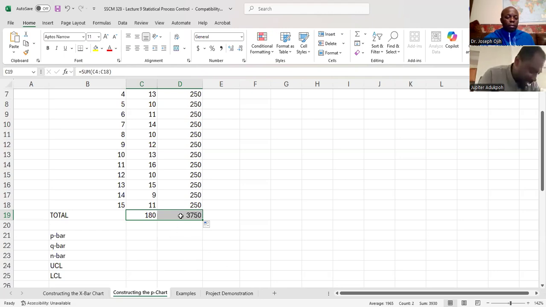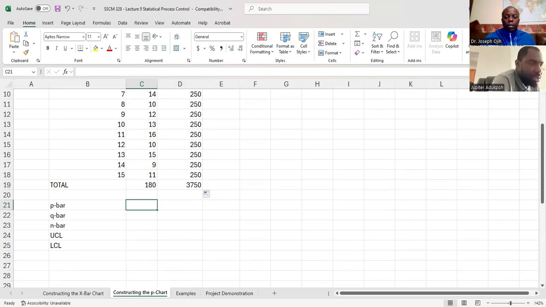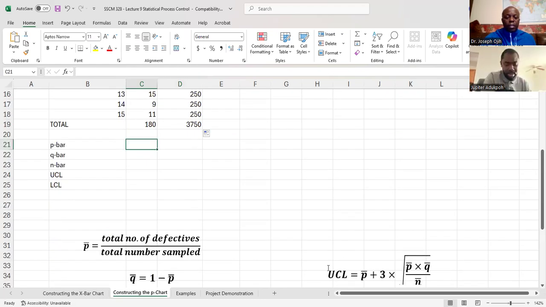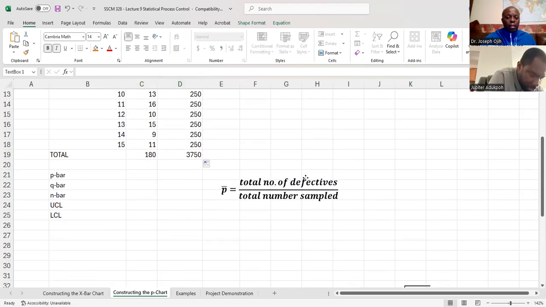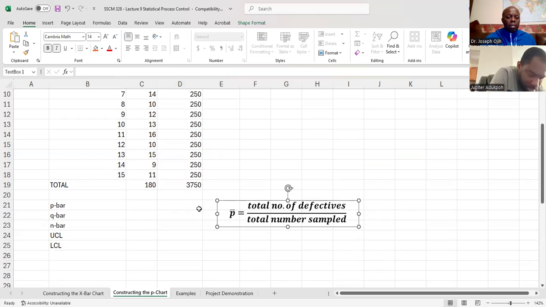Now, let us calculate the P bar. The formula for P bar is right here; I'm going to put it by the side as we calculate. P bar is the total number of defectives divided by the total number sampled.